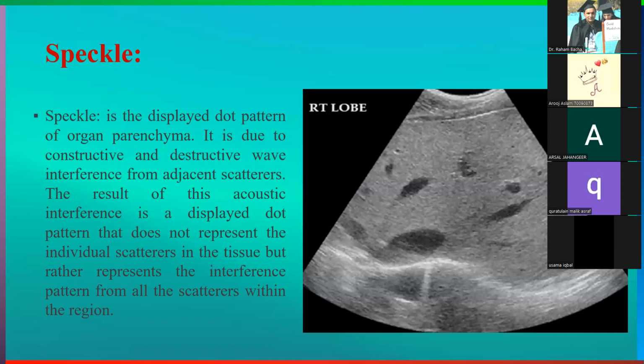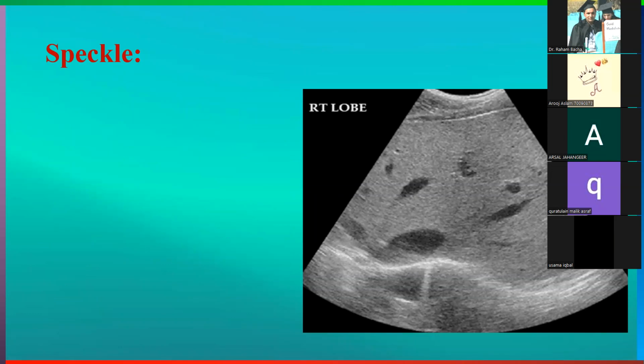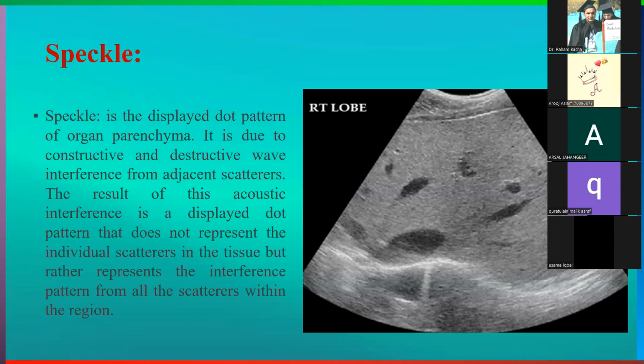But here you can see again, you will have to describe the structure in terms of speckle pattern. Just for example, here you can see this is a liver which appears in speckle pattern. In the old machines, this speckle pattern was too common.